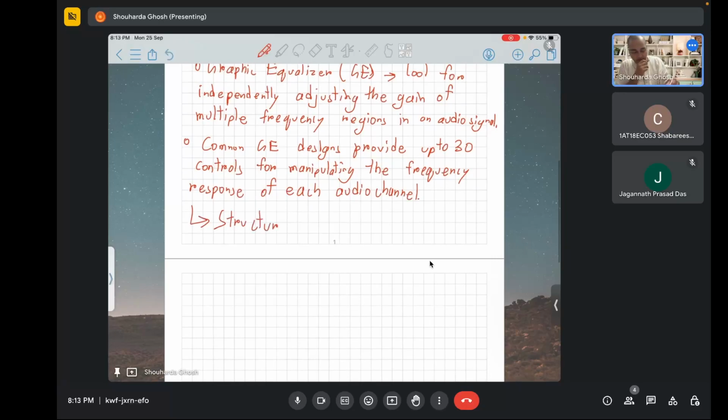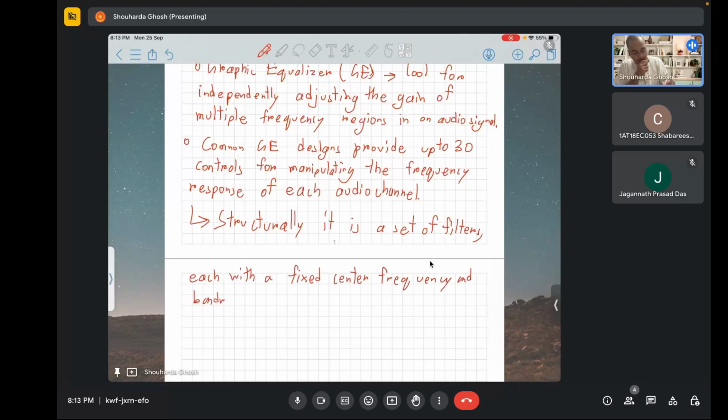So what is it actually? Structurally, it is a set of filters, each with a fixed center frequency and bandwidth.